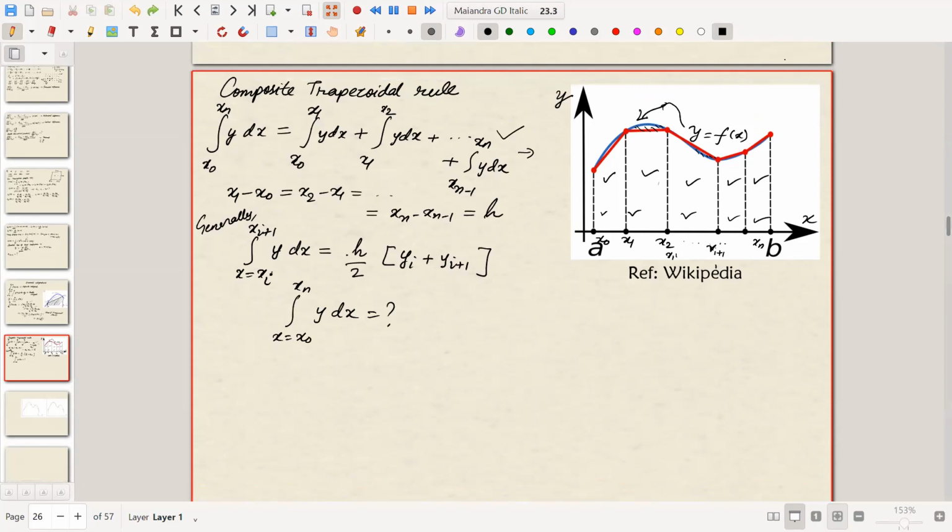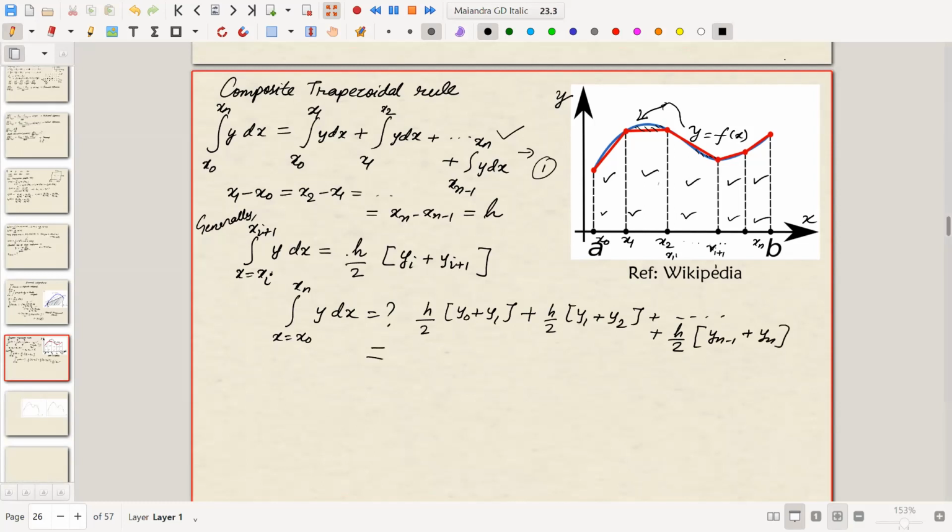What it says, x naught to x1 y dx, that means it will be h over 2 (y naught plus y1), plus x1 to x2, which is h by 2 (y1 plus y2), and so on till plus h by 2 (yn minus 1 plus yn).